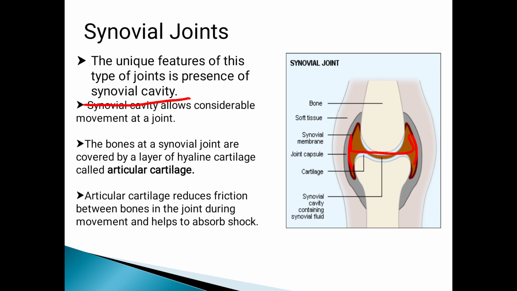The bones at the synovial joints are covered by a layer of hyaline cartilage called articular cartilage. The articular cartilage reduces the friction between bones in the joint during movement and helps absorb the shock.